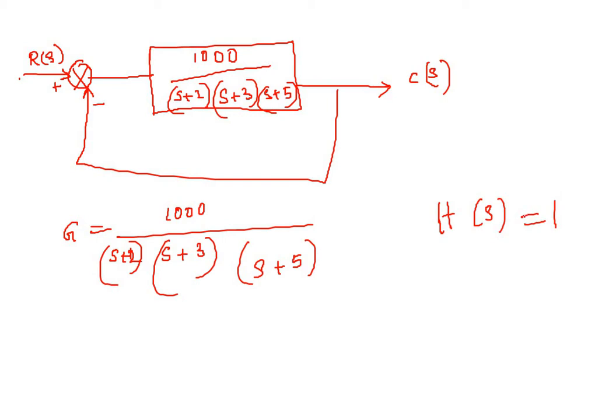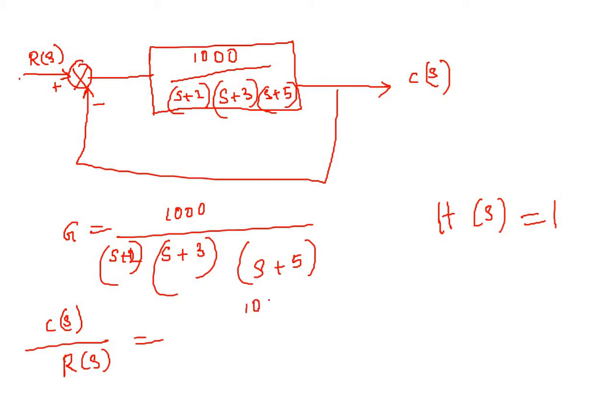In order to analyze the stability using Routh-Hurwitz criterion, first we have to find out the closed loop or overall transfer function of the given system. That is C of S by R of S, and you have to apply the formula G divided by 1 plus GH.